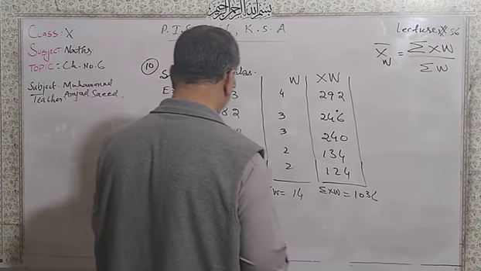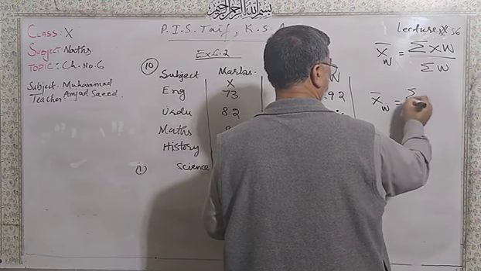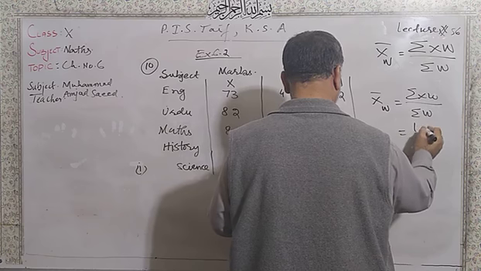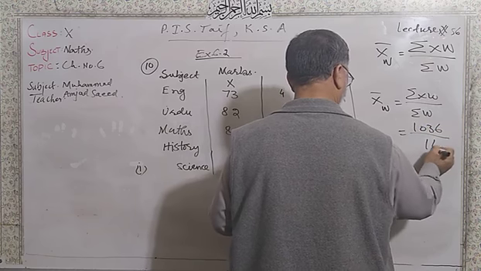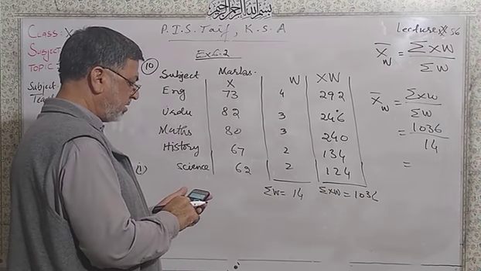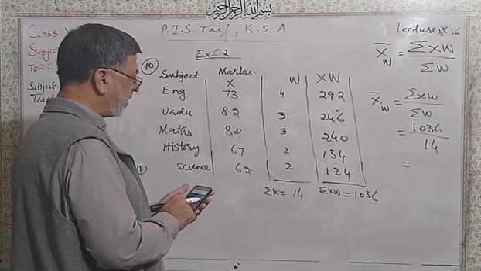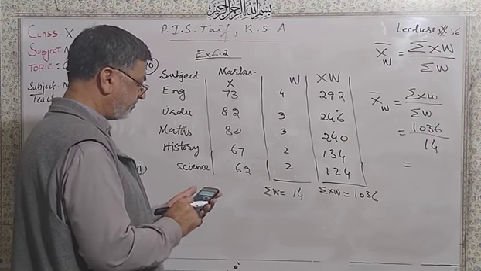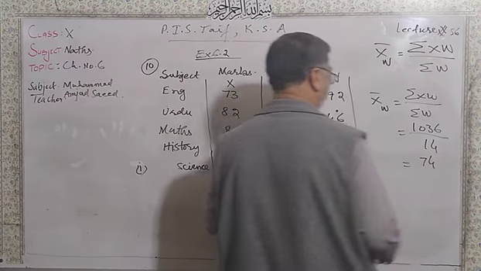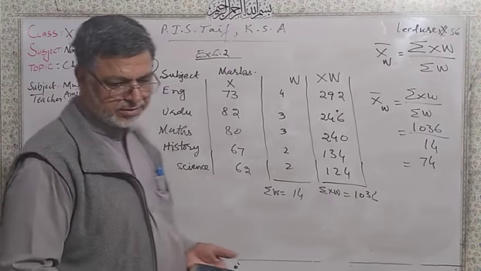So dear students, apply this value in the formula sigma xw over sigma w. We have 1036 divided by 14. Your answer is 74. Dear students, this was your part number 1.